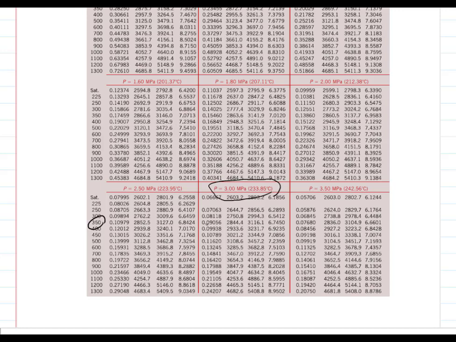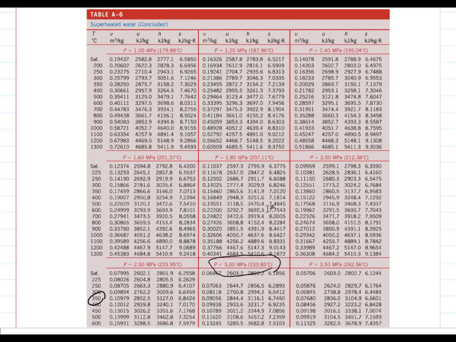If I go a little above, you can see the first column is specific volume.